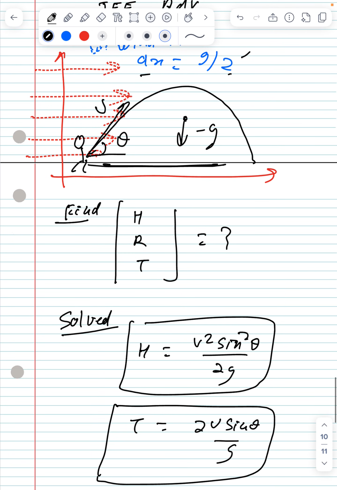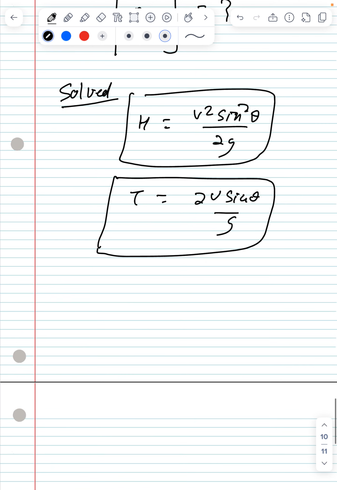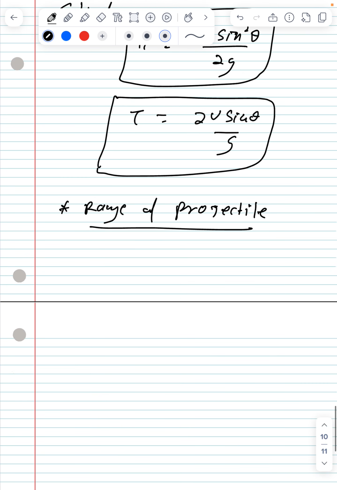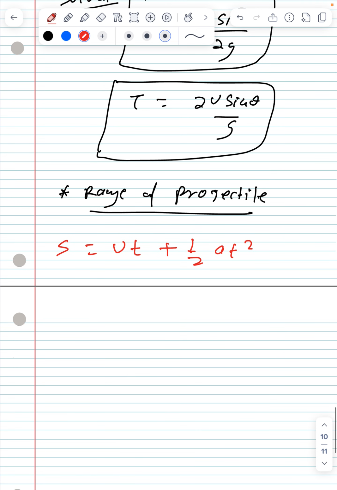But for the range of the projectile, acceleration acts along the horizontal direction, because the horizontal component of velocity changes due to this acceleration, due to the wind flow with acceleration g by 2. In this situation we can calculate the value of range from the second equation and also from the third equation, right, range of projectile.